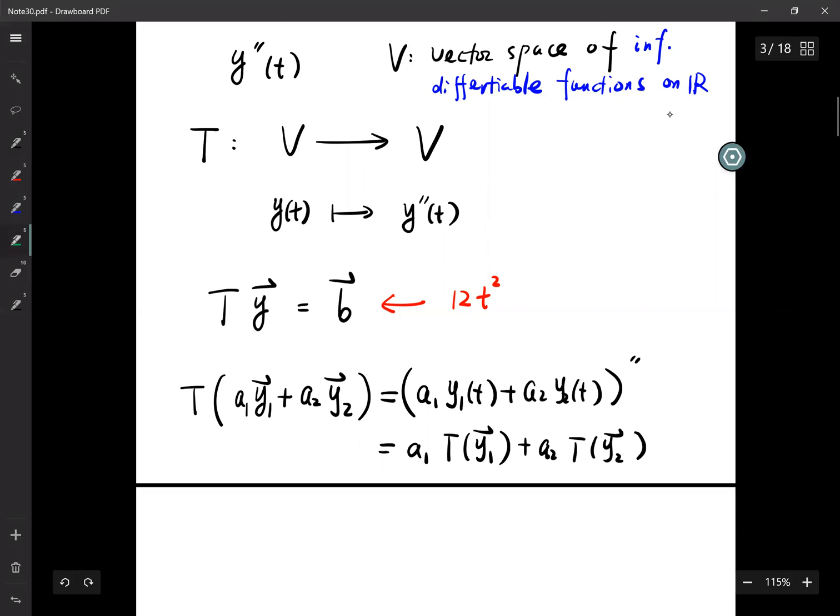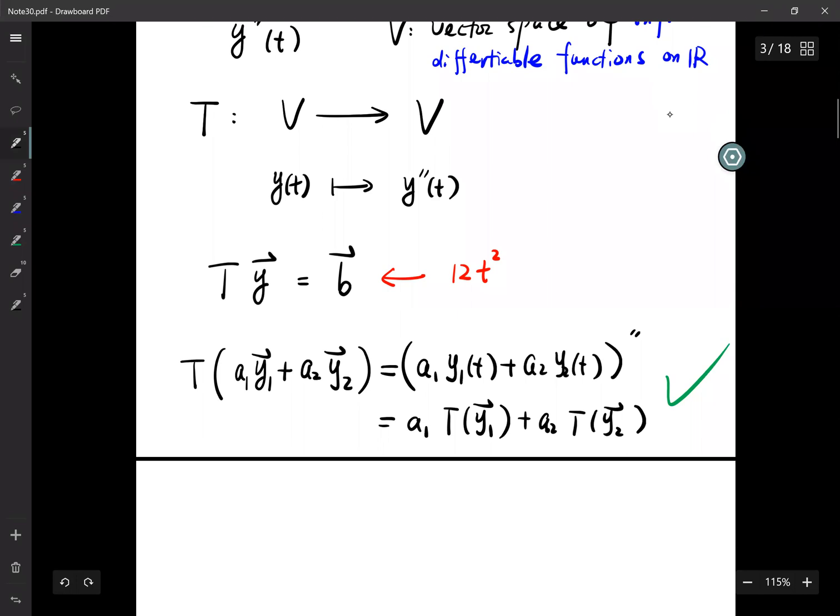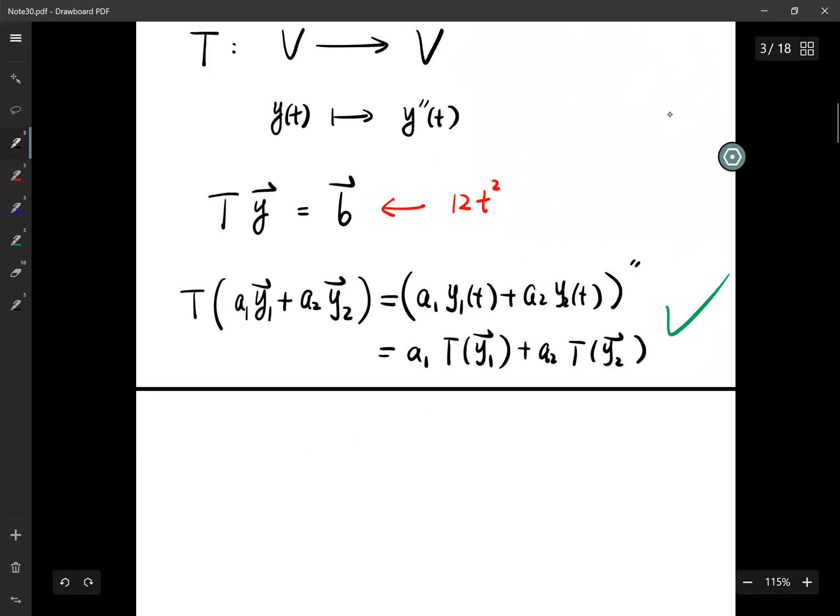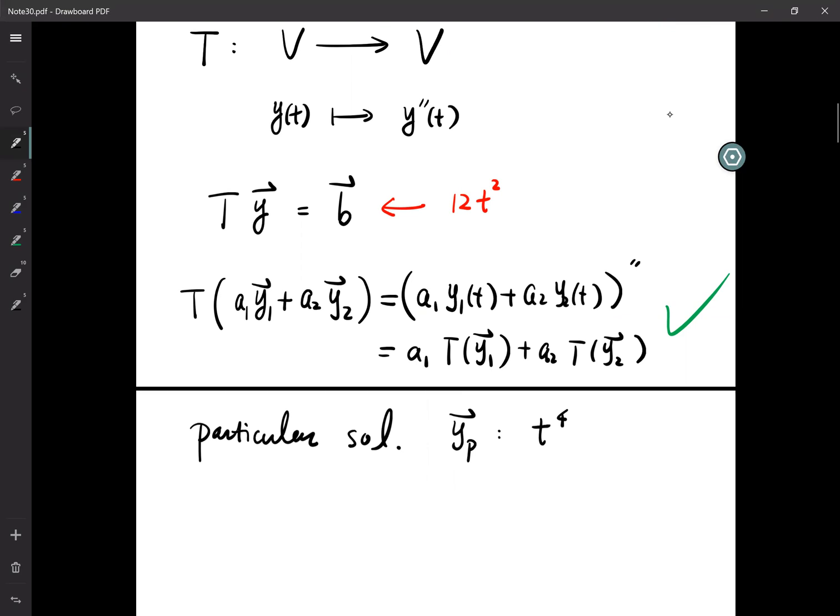So this is indeed linear. We're back to linear algebra. And we want to find a particular solution. A particular solution is our yp, and this is t to the fourth, right? So this is what we found before.